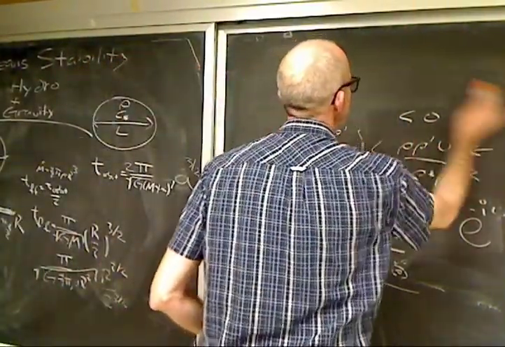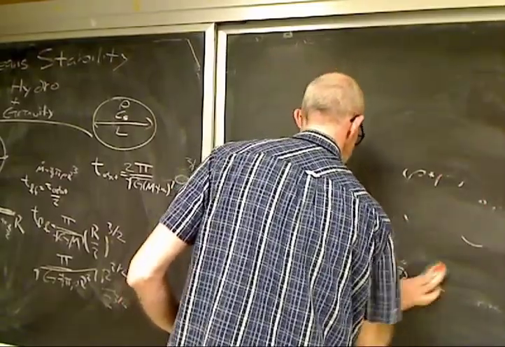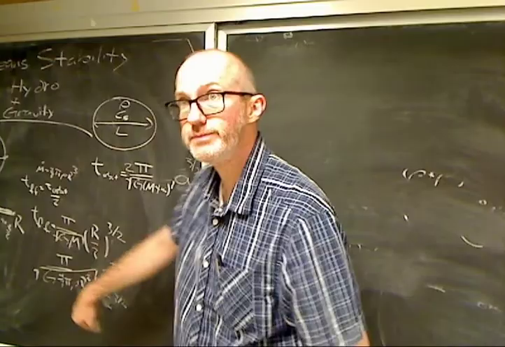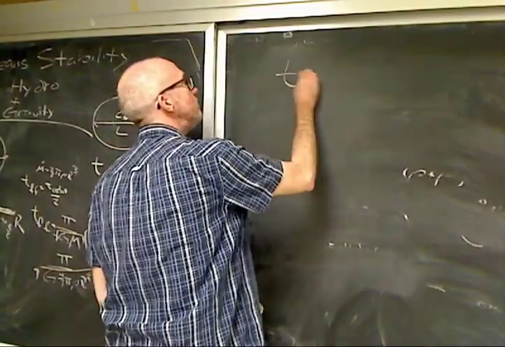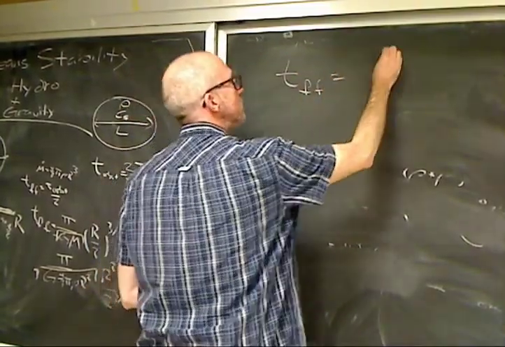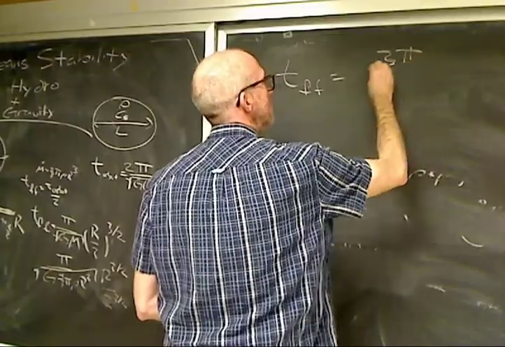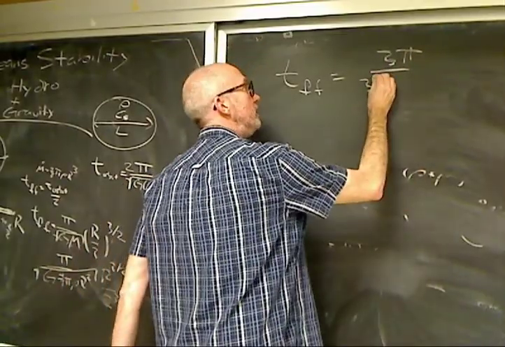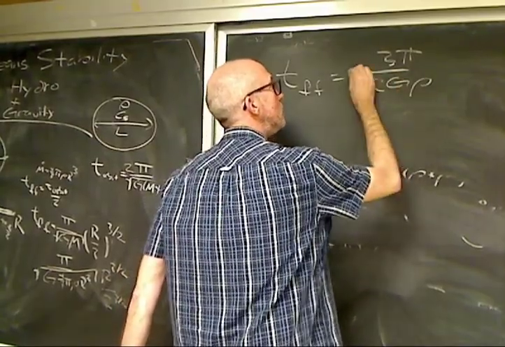So you finish up that algebra, and the r's cancel, and you're left with T free fall equals square root of 3 pi over 32 G rho. The 3 comes from here, and the 32 comes from this 2 to the 3 halves.